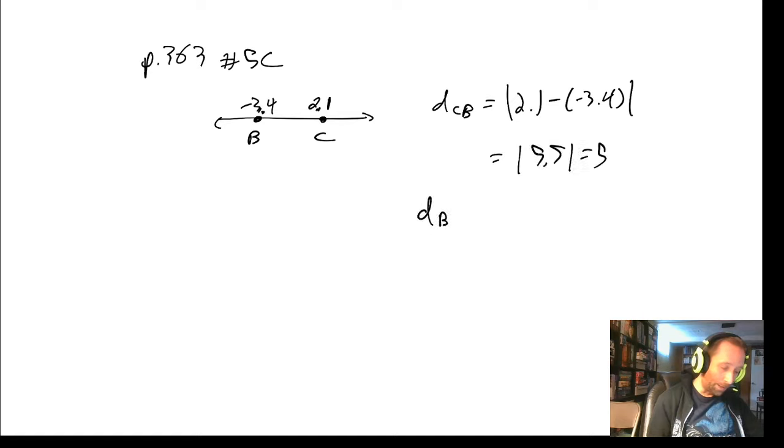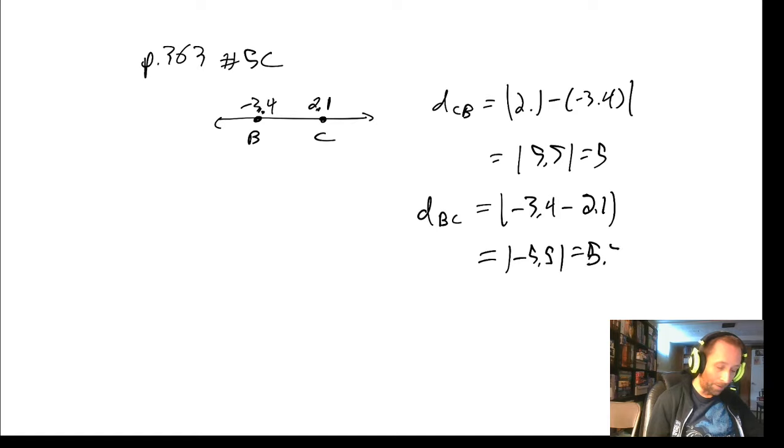But you could have also looked at this as the distance from B to C. Hopefully I got this right. So that would be negative 3.4 minus 2.1, which is negative 5.5, and the absolute value of negative 5.5 is 5.5. So you can see that the absolute value is going to be calculated the same way, regardless of which point you use to start and which point you use to end.